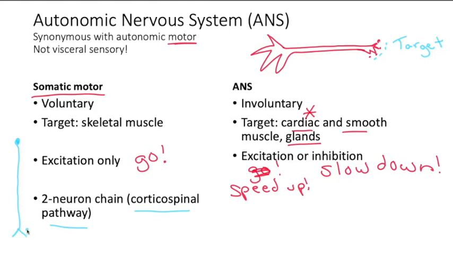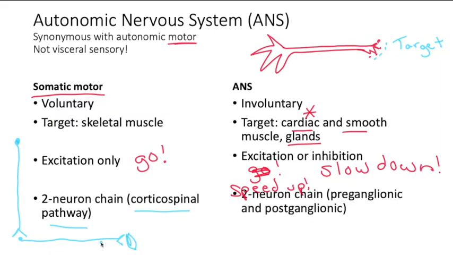If it was going to the upper limb, it would stop somewhere in cervical region, probably lower cervical region, and this second neuron would go out into the peripheral nervous system through the brachial plexus, and it would go and synapse on, say, your biceps brachii. So there's two neurons. The one that starts in the brain talks to the one in the spinal cord. The one in the spinal cord then goes out to the muscle.